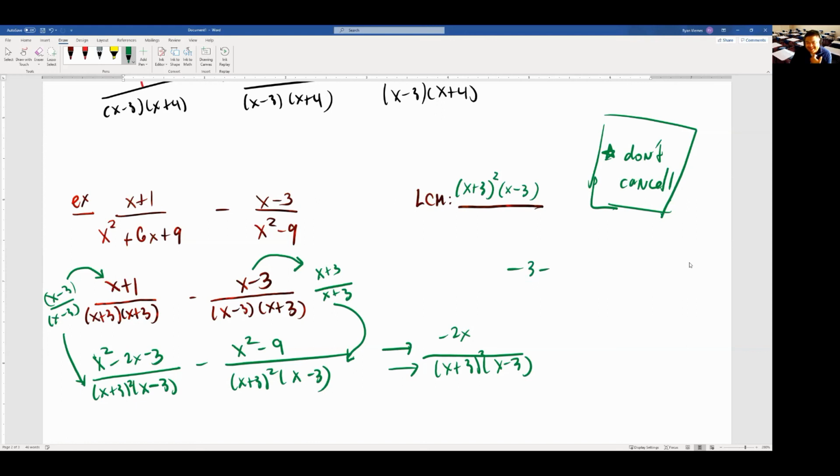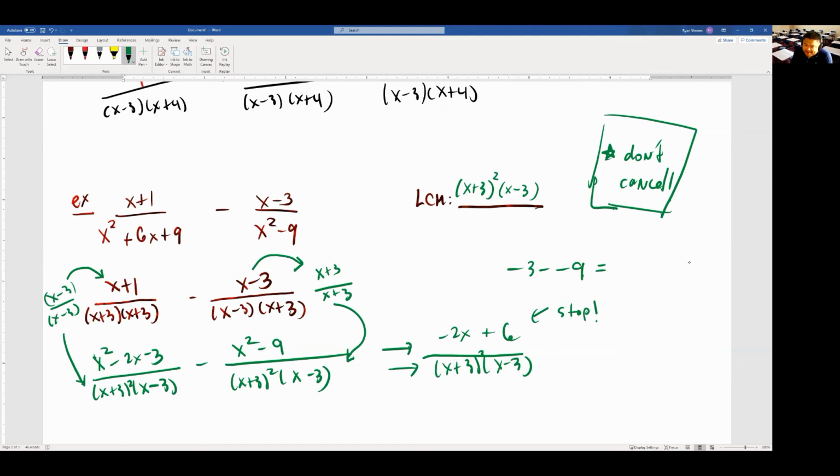Negative 3 minus 9. Okay. You could stop here, but technically you can take this further.